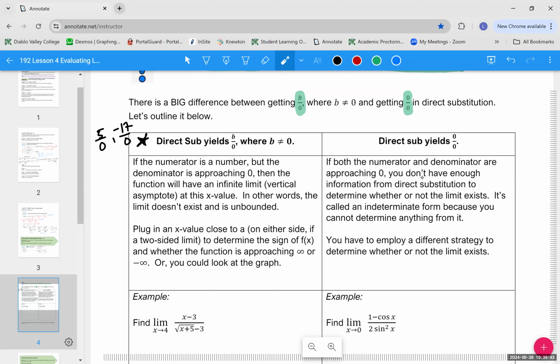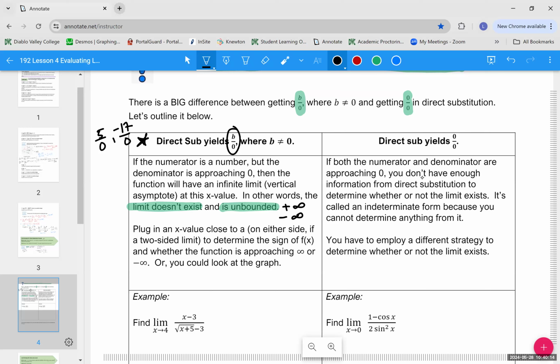So the limit does not exist and is unbounded. It's either positive infinity or negative infinity. We know these limits don't exist, and we also know that the way they don't exist is that they are infinite.